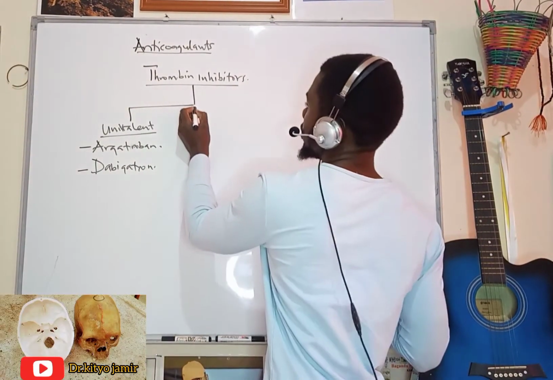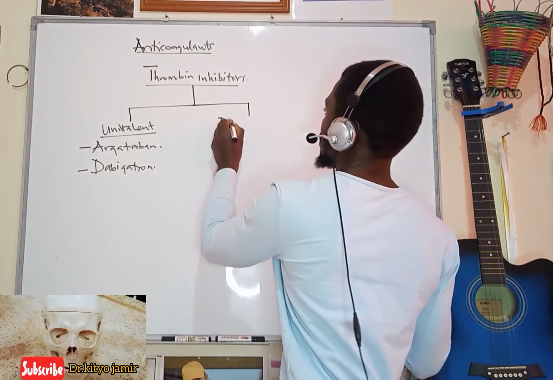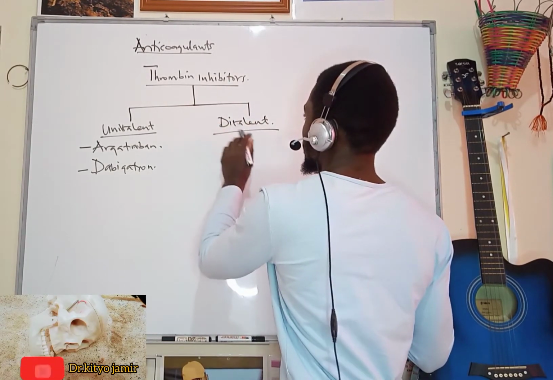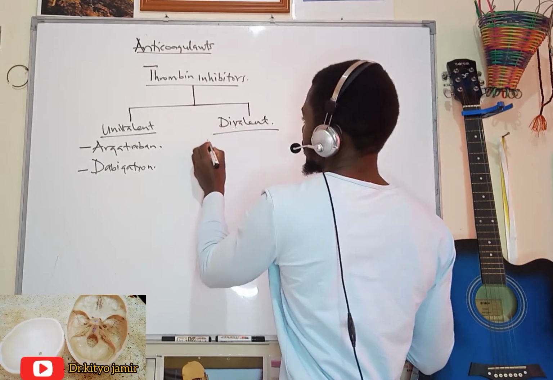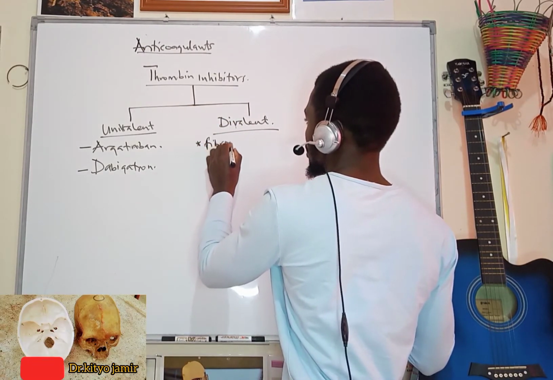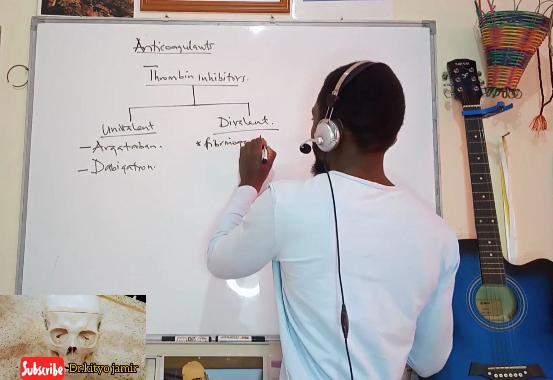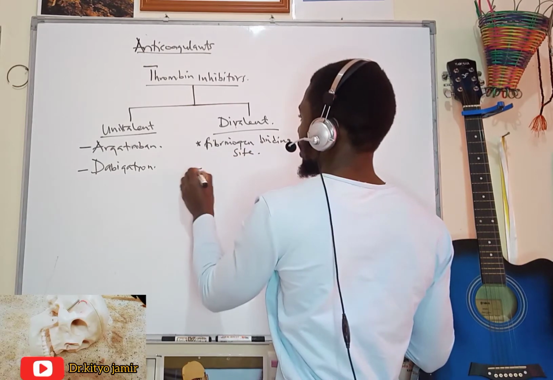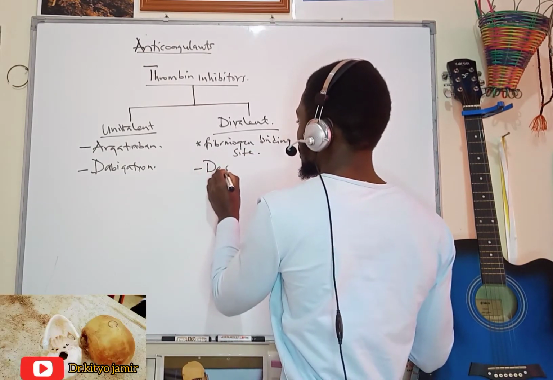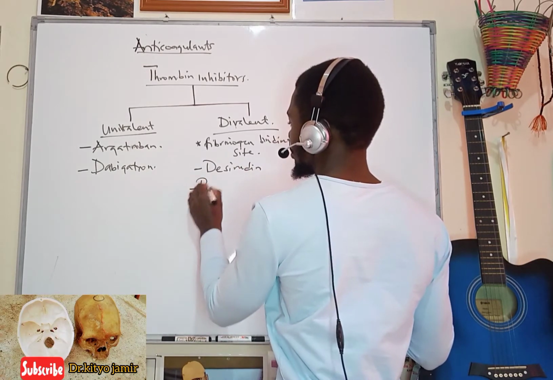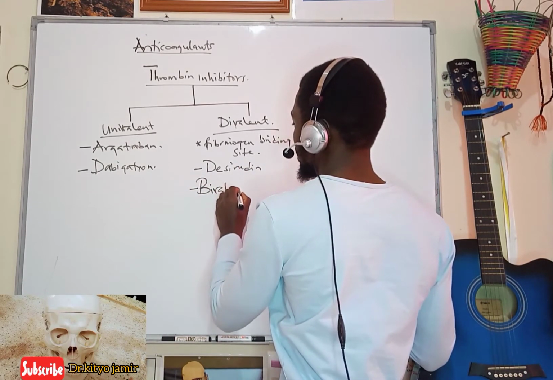And we have those ones which are divalent. These ones bind on the fibrinogen binding site. We have drugs like desirudin and bivalirudin.